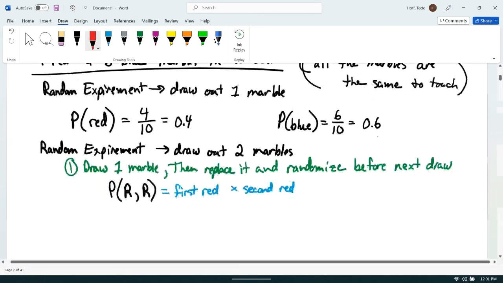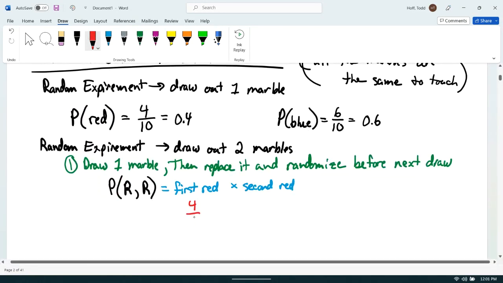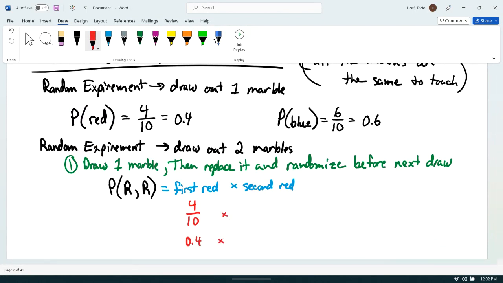Well, the first one being red, there are 4 red marbles out of 10 in the box, so 4 out of 10, or 0.4. For the second one being red, well, since we put the first one back in, there's still 4 red marbles out of 10 in the box. So it's still 0.4. So that's a probability of 0.16, or 16 out of 100.